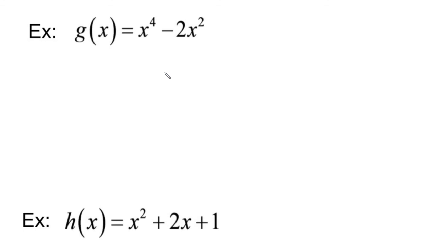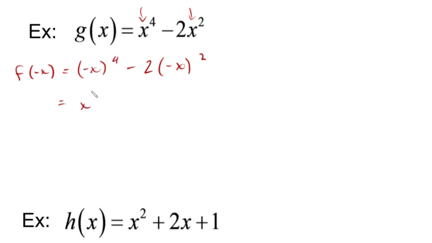Anyway, so here we're going to see if this function is even or odd. So what you have to do is evaluate it at f of negative x. You plug in negative x here, and you simplify. And what you end up with is, a negative times itself 4 times is a positive.